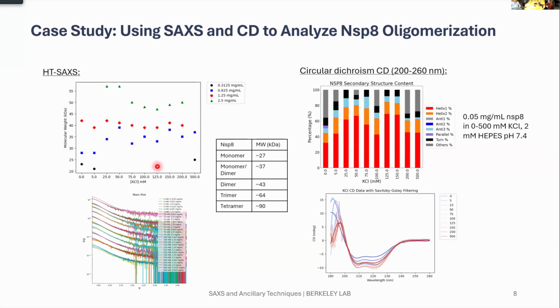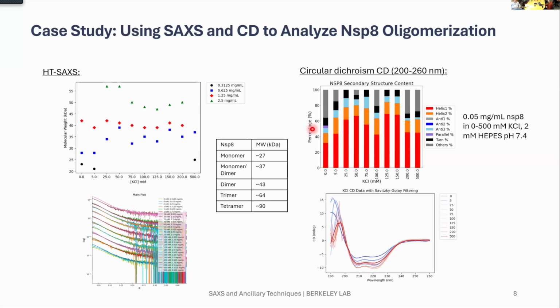It also behaves differently with increasing potassium chloride. At lower protein concentration, it tends to oligomerize. Starting from 5 millimolar to 50 millimolar, we see a linear increase in oligomers, going from a monomeric state to dimers at around 40, 42 kilodalton.